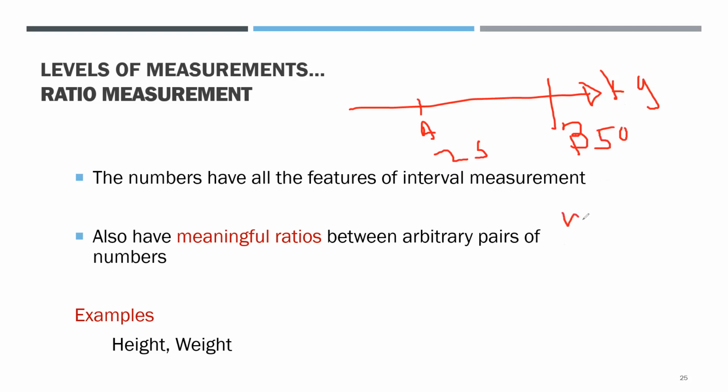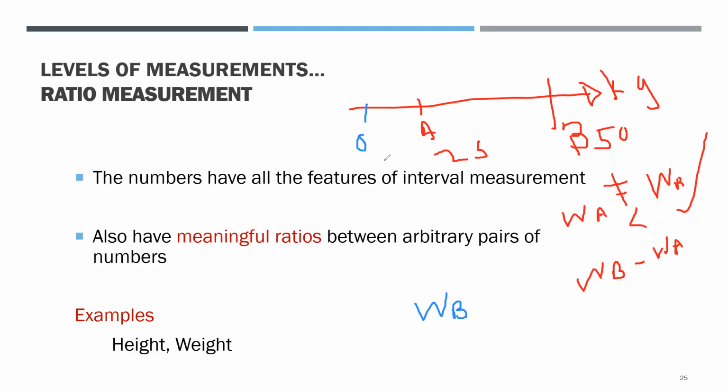You can check whether the weight of A is equal to the weight of B, right? You can check whether these weights are equal or not. You can say weight of A is less than 50. You can get the difference between these weights. All these things are okay, and other than that, you can get the ratios, because if you consider 0 here, that means there is 0 kilogram කියලා කියන්නේ එතන මිනිස්සෙක් නැහැ කියන එක.